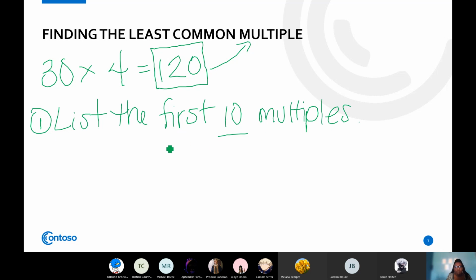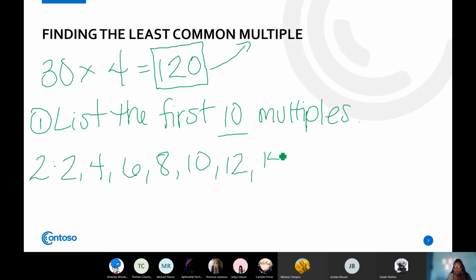What I mean by that, if I'm listing the multiples of 2, it's really easy. 2, 4, 6, 8, 10, 12, 14, 16, 18, and 20. I always want to list the first 10 multiples, okay?